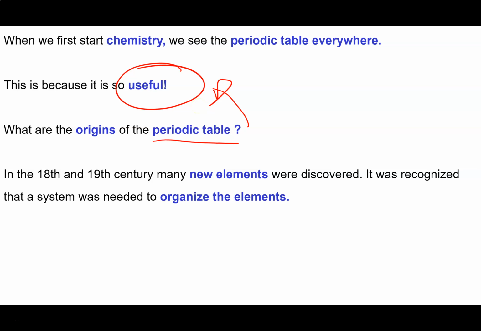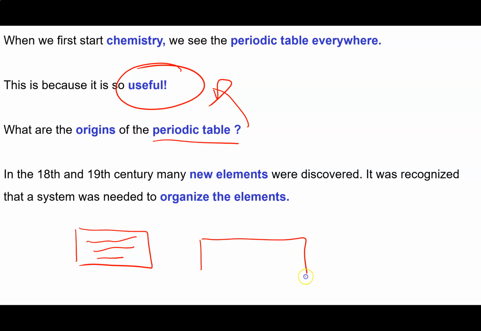So around the early 1800s, in the early 19th century, we realized that we had a lot of elements that we'd discovered. In fact, there were like 50, 60 elements. And until then, chemistry students had it pretty easy. For every element, they just had a little 3x5 note card, and there would be a description of the element on each of these cards.